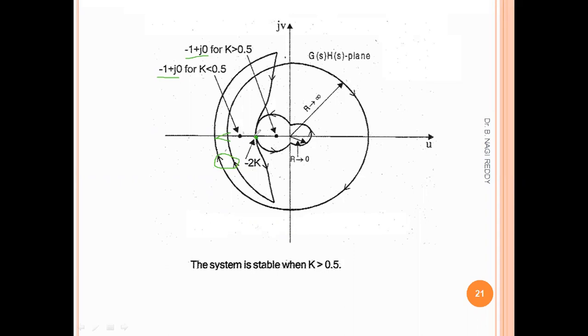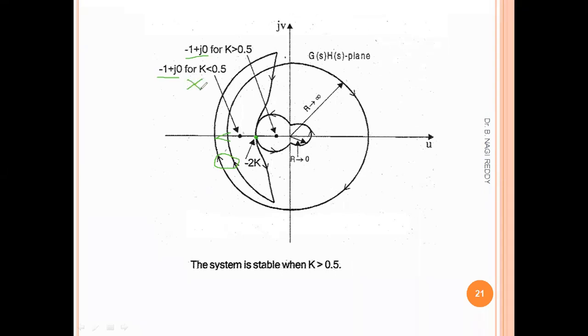The Nyquist contour is crossing between origin and this point, but it is making a clockwise direction. The angle is making clockwise. That means, if it is clockwise direction, then according to the Nyquist stability condition, it won't be stable.